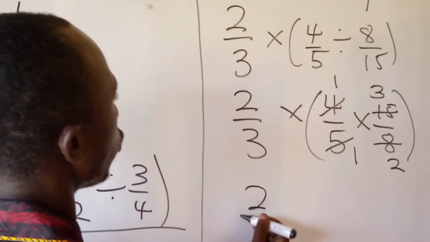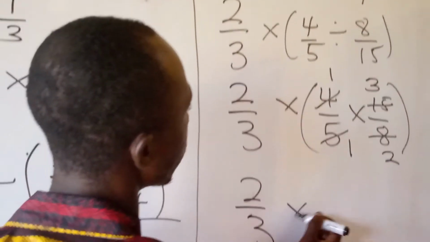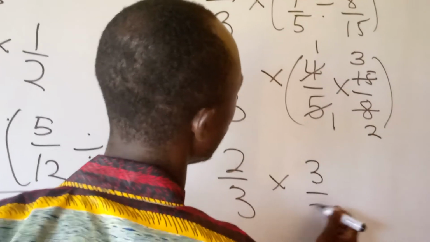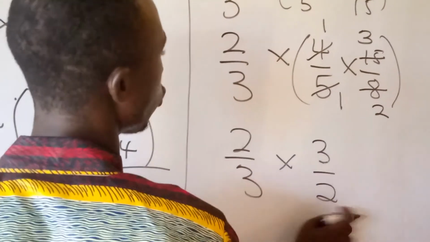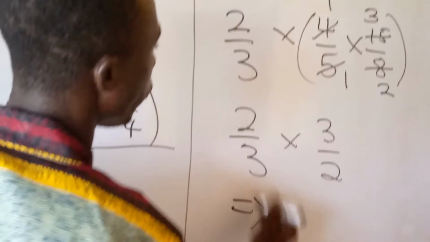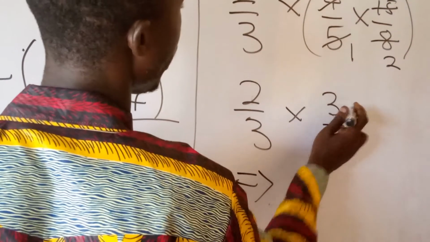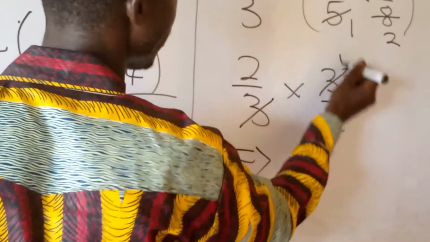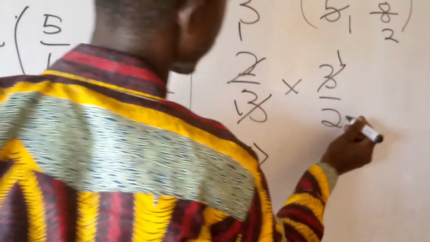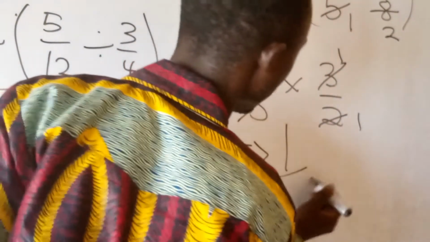So it becomes 2 over 3 times 3 over 2, because 3 times 1 is 3 and 2 times 1 is 2. So we have 2 times 3, we are having 6. Or you can cancel this by this, and this one 2 by this. So we are having 1.